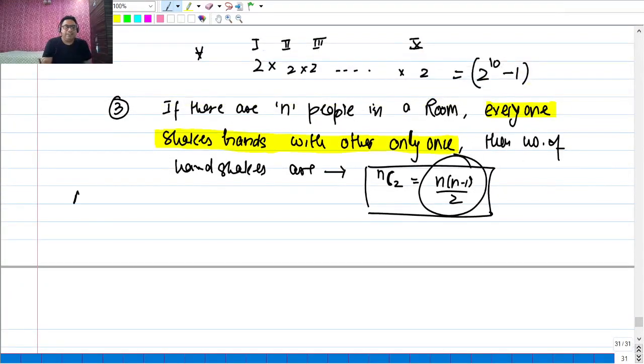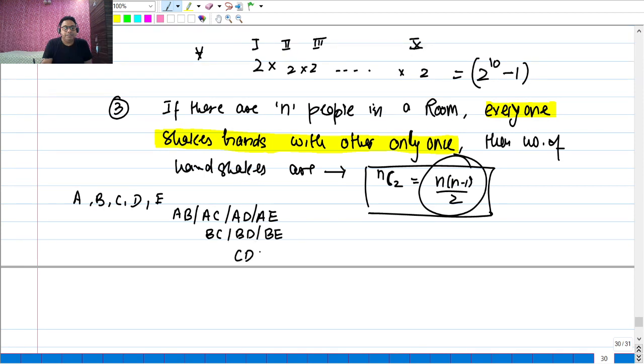See, if A, B, C, D and E are in a room, how many handshakes would A have? A B, A C, A D, A E. How many handshakes would B have? Now A won't be counted because AB has already happened. So B C, B D, B E. And how many would C have?